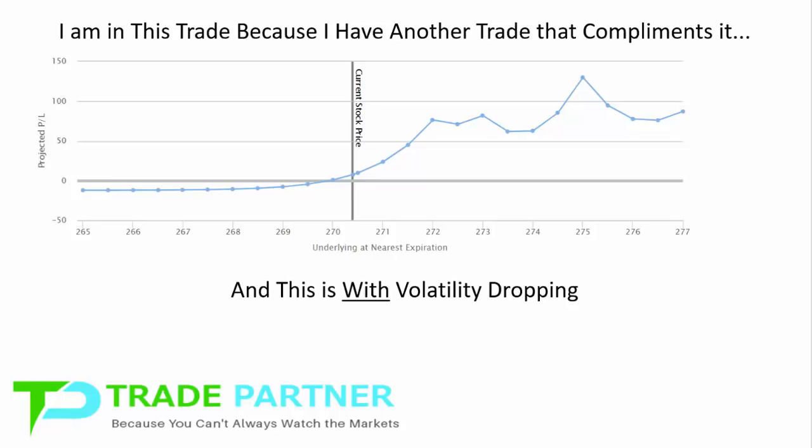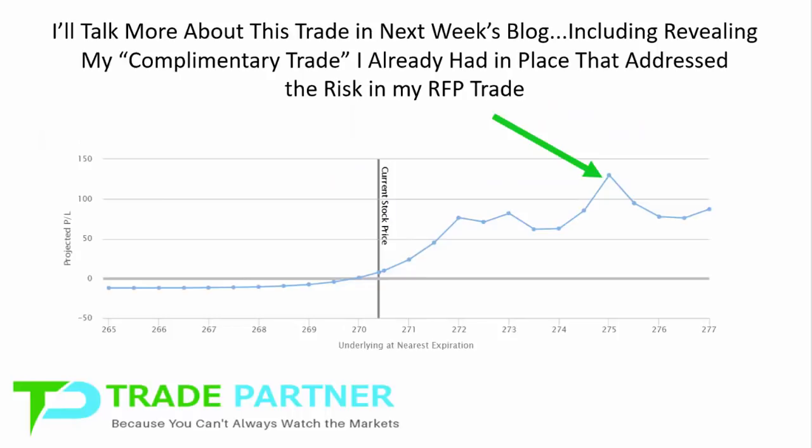And you can see there's a profit spike at the 275 area, and that's with volatility dropping. So this is accounting for volatility dropping, right?